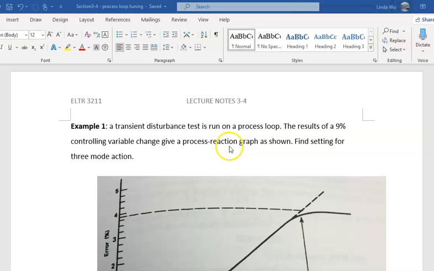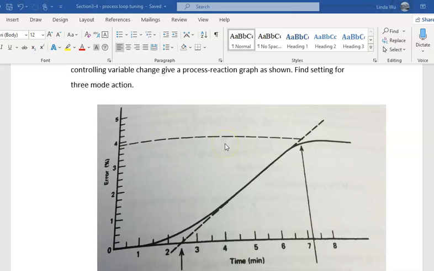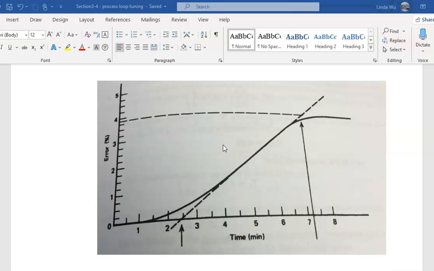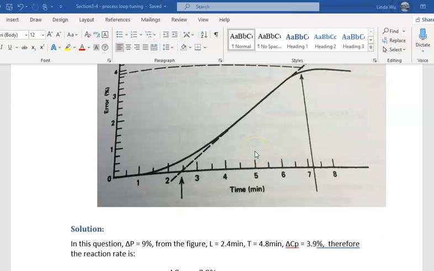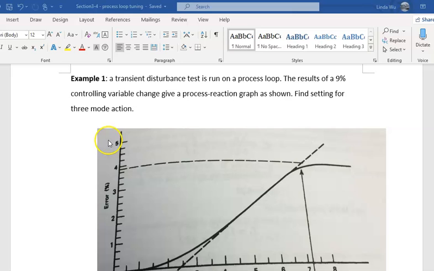And this is example 1 in this chapter, corresponding to our question 6. For this figure, the question is, given the result of a 9% controller variable change, a process reaction graph is shown.